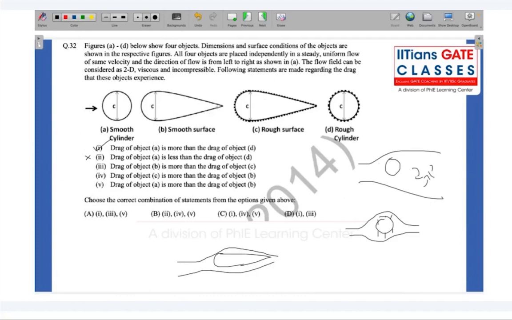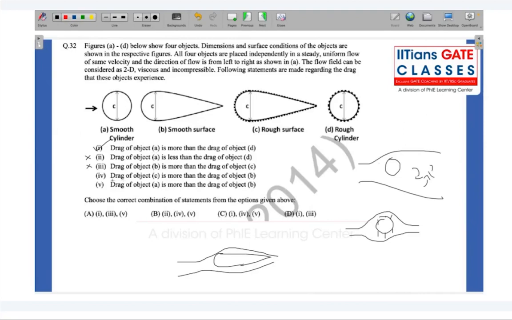But in a rough surface, though you will delay the flow separation, the skin friction will be largely enhanced, and the pressure drag is not much of a criterion for the airfoil per se. So your rough airfoil will have higher drag as compared to the smooth airfoil. So this statement is wrong. Your drag of object B will not be more, it will be less than that of C.